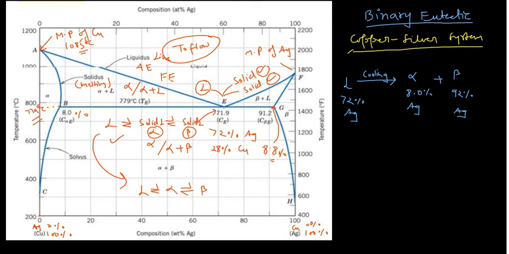Now again, if you heat this system in the reverse direction, so heating is done, alpha phase and beta phase will go into this system where you will have this 72% of your silver. So this reaction is very important for this copper silver system. This reaction is known as the eutectic reaction.